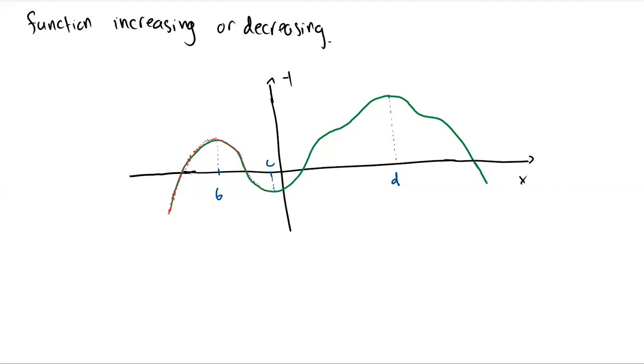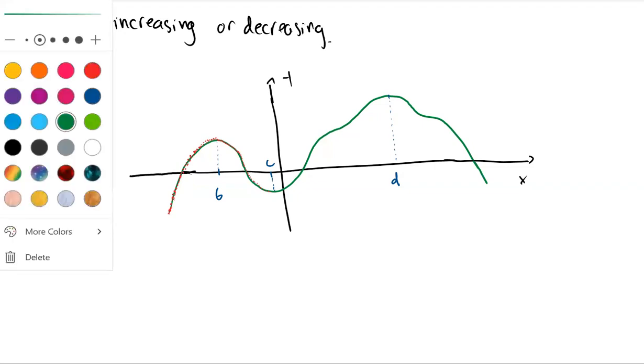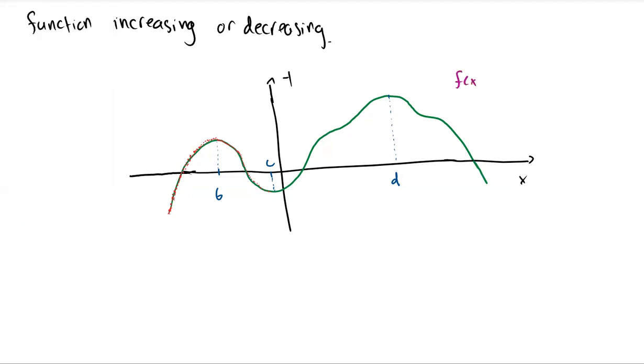Okay. So if I were to write on what intervals this function is increasing, just from what I've done so far, let's give the function a name, f of x. From what I have so far, f of x is increasing on negative infinity to b, because we're moving upward as we trace the graph from left to right.